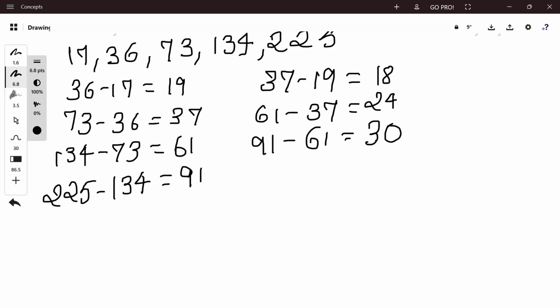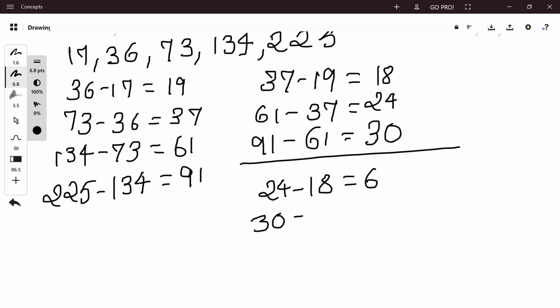Calculating the third difference, that is 24 minus 18, which is equal to 6, and 30 minus 24, which is again equal to 6. So the third difference is constant with a value of 6.